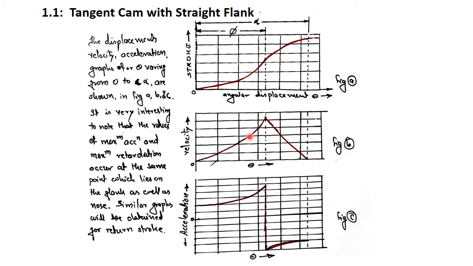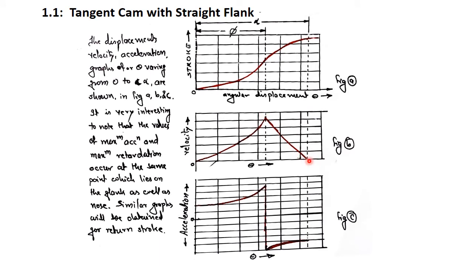If we see the velocity diagram, then for the angle phi, the velocity increases as theta increases, and it attains maximum value when theta reaches phi. So when theta reaches phi, velocity is maximum, and velocity goes on decreasing with a quite straight profile as it moves from phi to alpha.